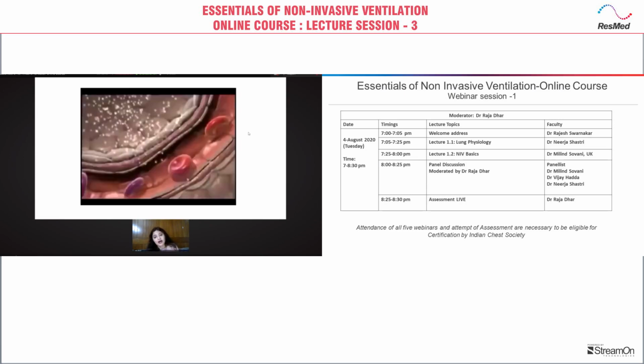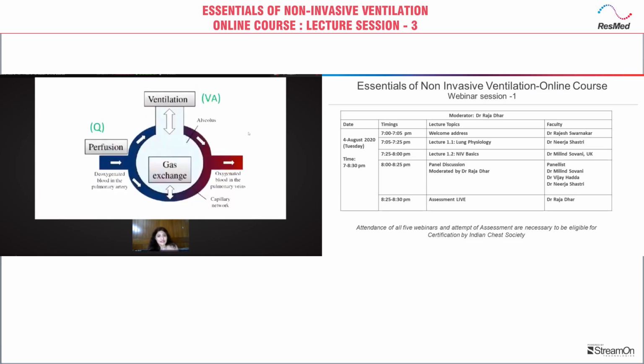So you have ventilation, the air coming into the alveoli, and then you have perfusion. When this combination is optimum, adequate ventilation and adequate perfusion, nothing more, nothing less, that causes adequate gas exchange.